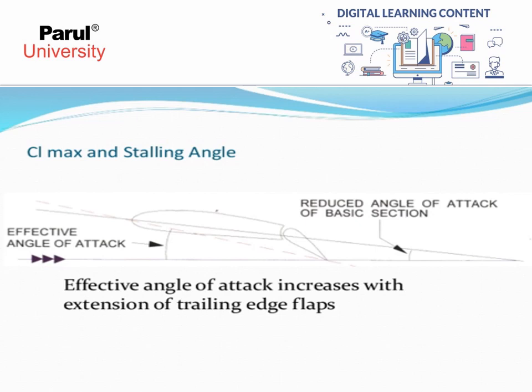The effective angle of attack is reduced relative to the basic section, right? The camber will be increased and it will affect the CL value and stalling angle, right?